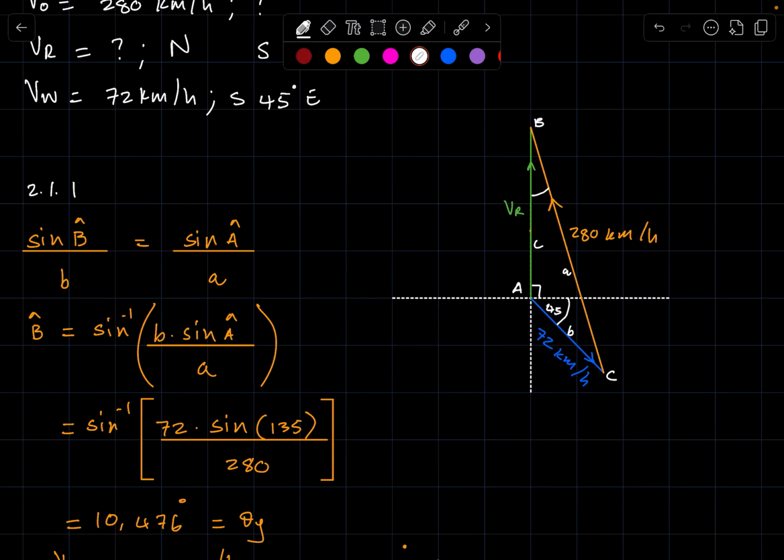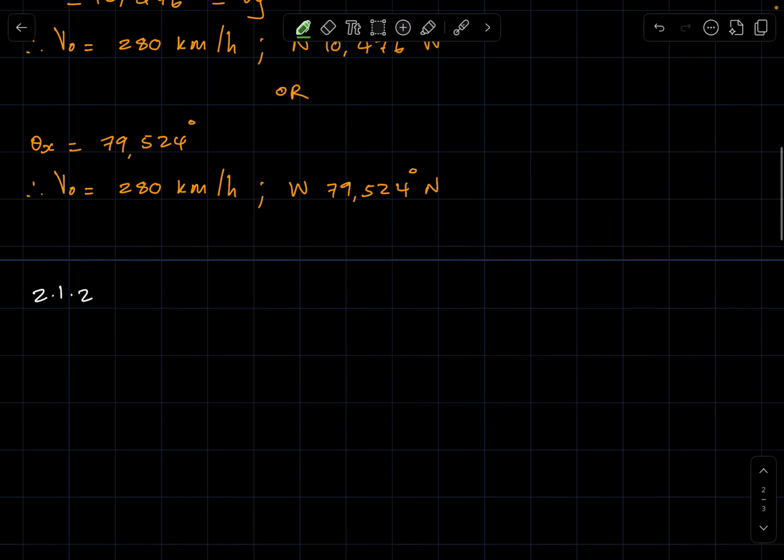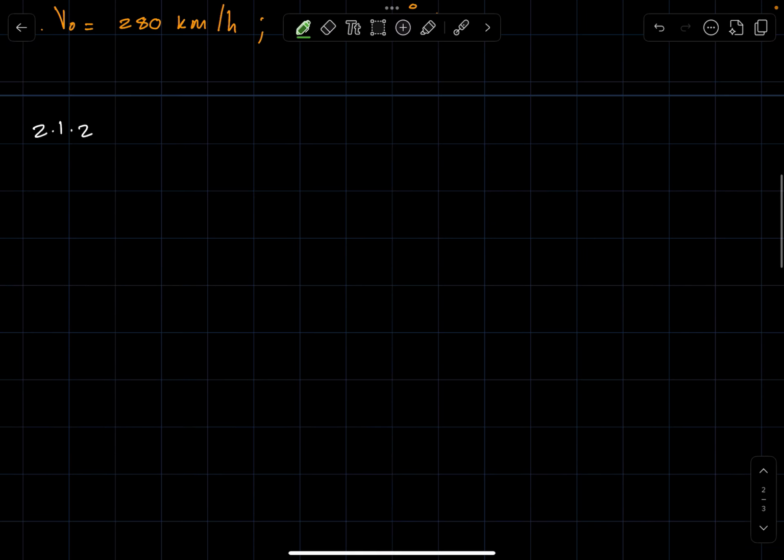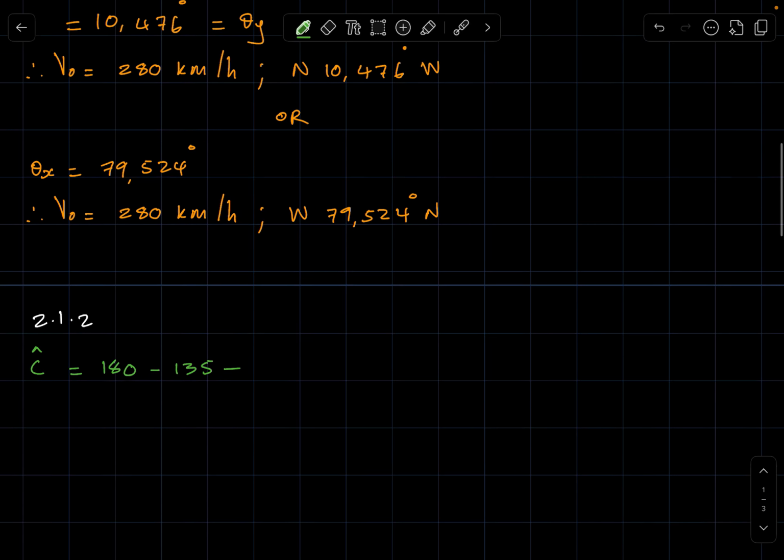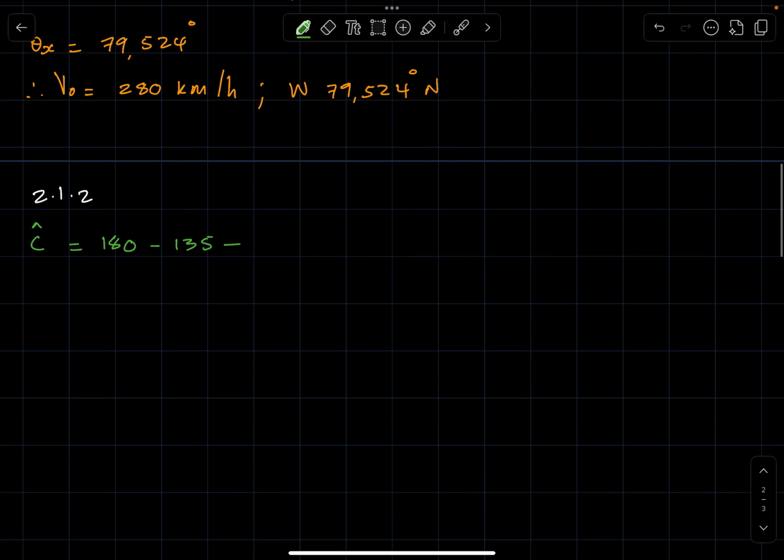So you calculate angle C. Angle C is going to be equal to 180 minus the 135 minus the angle we calculated, which is 10,476.